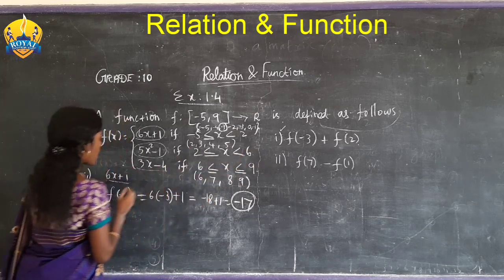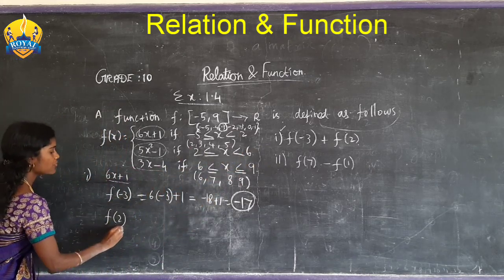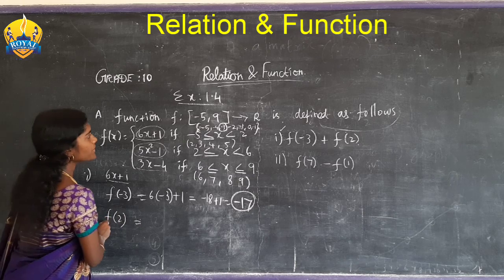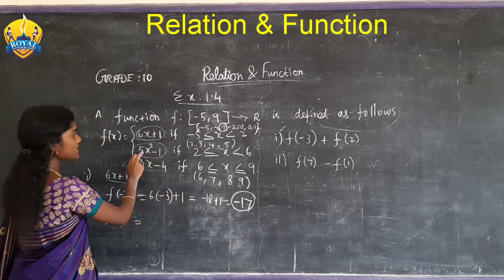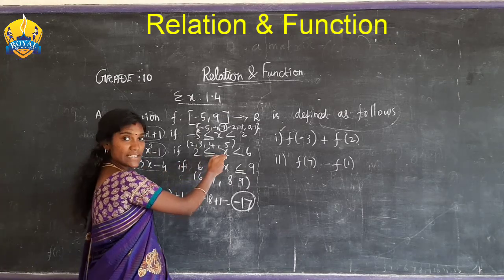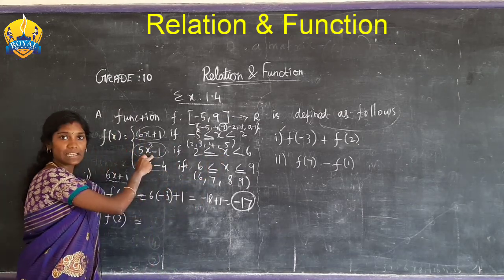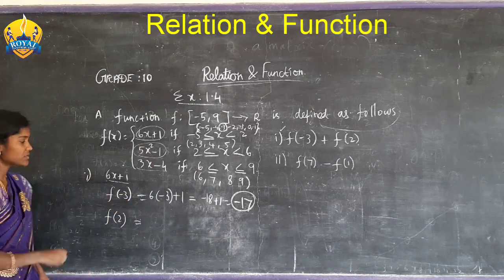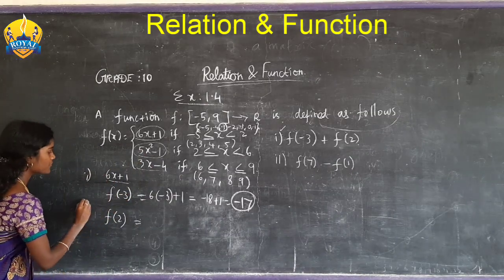Next, f of 2. The condition is 5x squared minus 1 because the x value satisfies that condition. Substitute 2 in the x place: 5 times 2 squared minus 1.